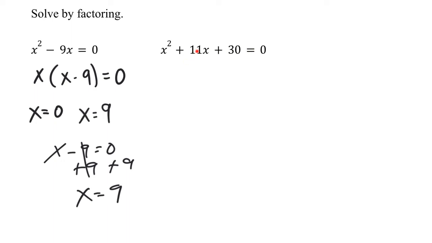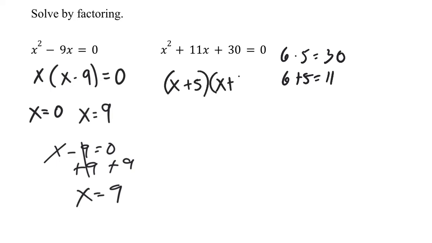On this one, we're looking at two numbers that'll add together to give me 11, multiply to give me 30. So I'm going to say 6 times 5 is 30, and 6 plus 5 is 11, so that works. And I'll have x plus 5 times x plus 6 equals 0, so x will equal negative 5 and also negative 6, because it's just the opposite of whatever I have here.